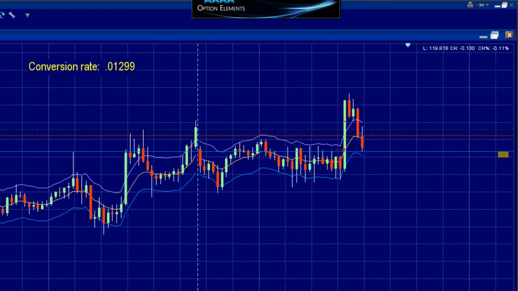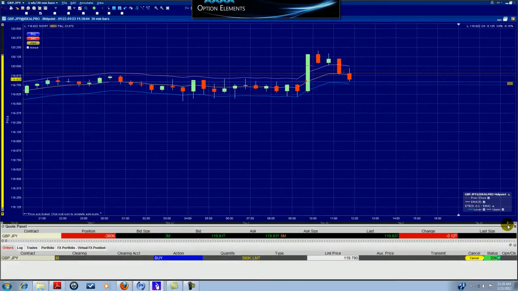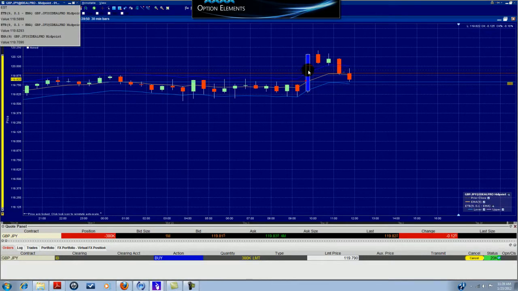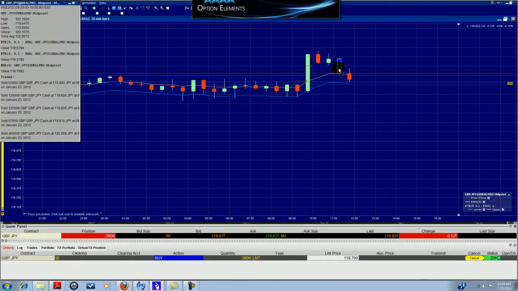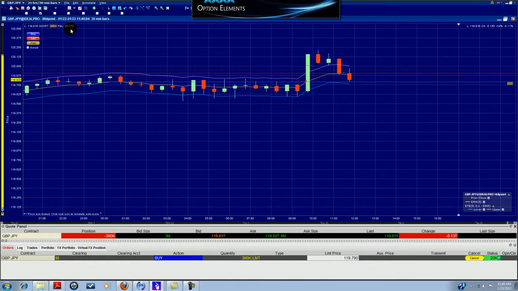I'll zoom in on it. Little blue hash mark right there. Our initial sell was right there on that red mark. Second order there. Then we covered here those 400, and now we're covering the original 400 here. But as you can see, our break-even line is now up here. So we're in a 25,000 yen profit right at the moment.